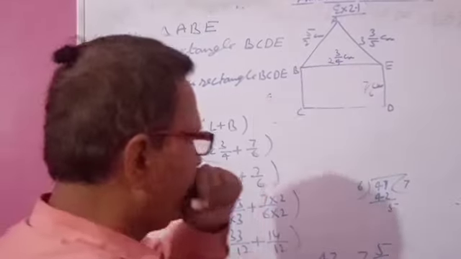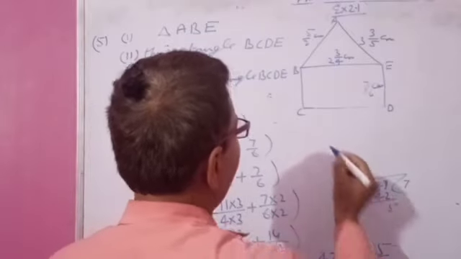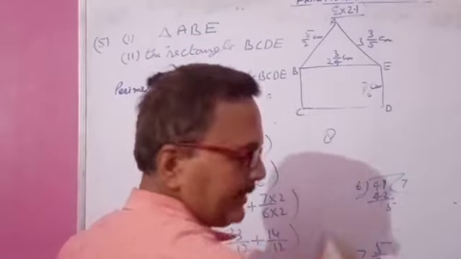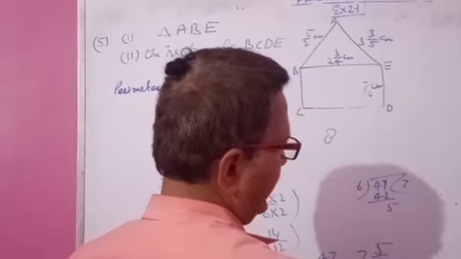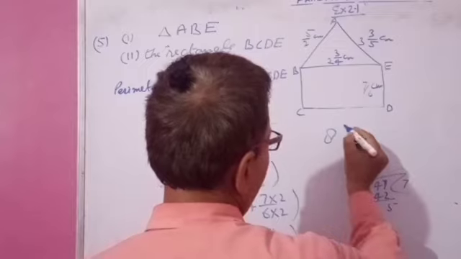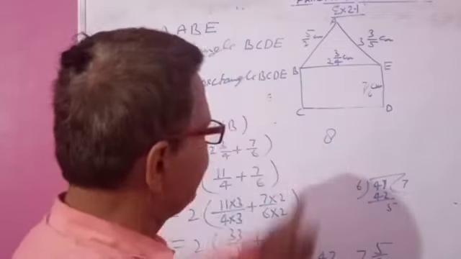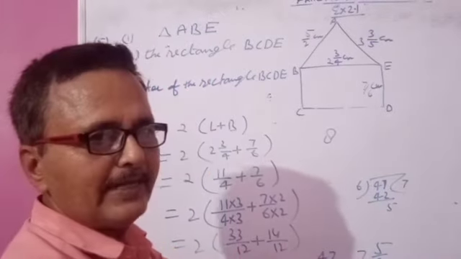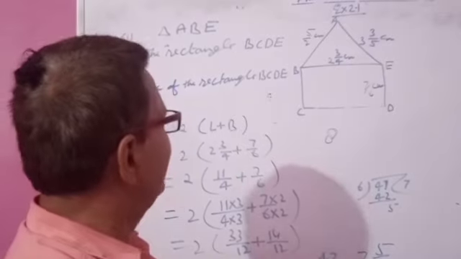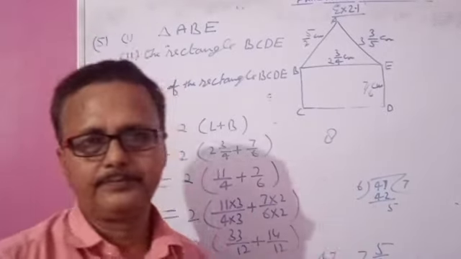Previously the perimeter of the triangle was 8 whole something, and the perimeter of the rectangle is 7 whole 5 upon 6. So the perimeter of the triangle is greater than the perimeter of the rectangle.